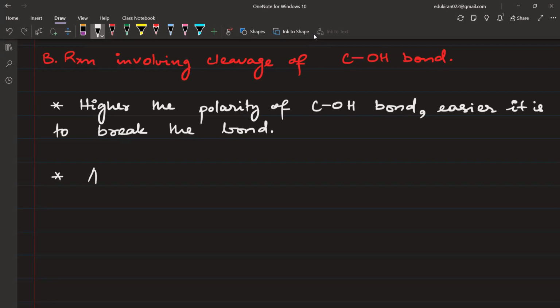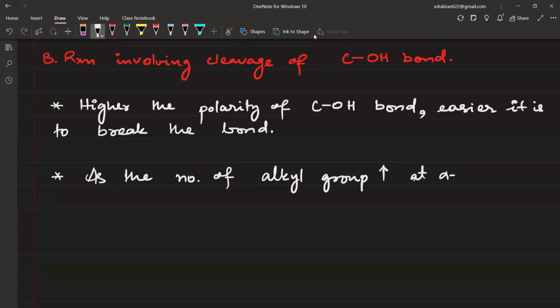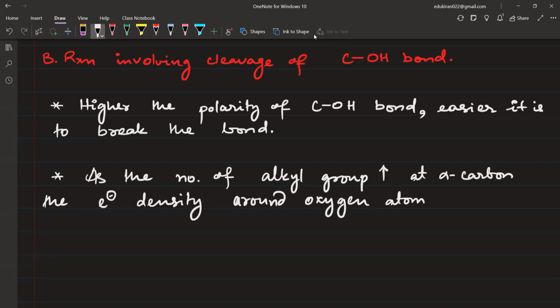Right, next. As the number of alkyl groups at the alpha carbon increases, the electron density around the oxygen atom increases, making the bond more polar and easier to break.